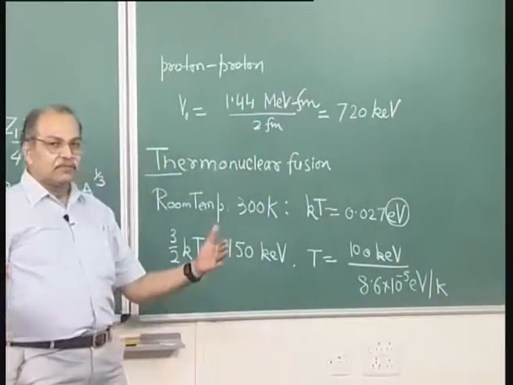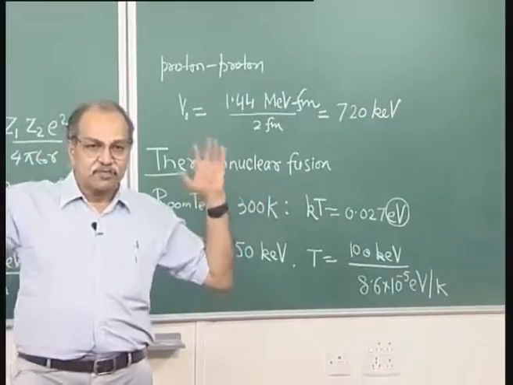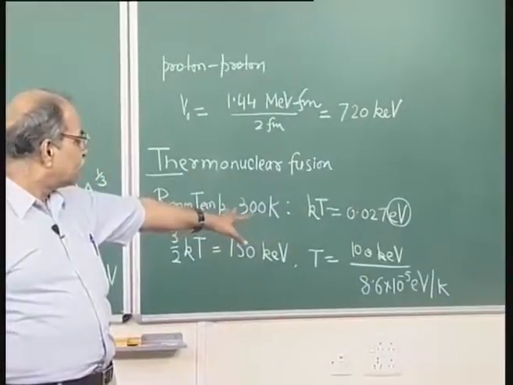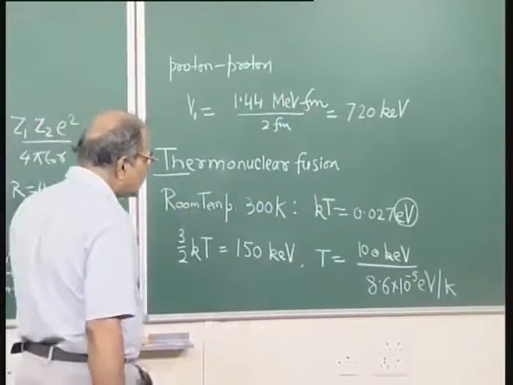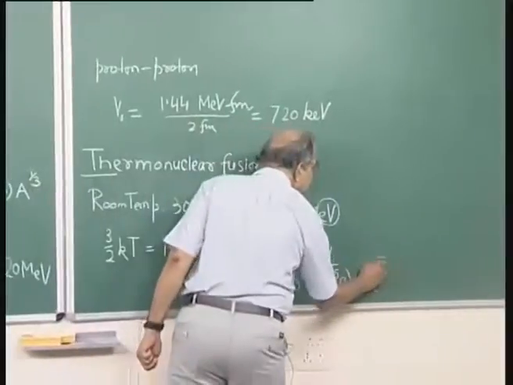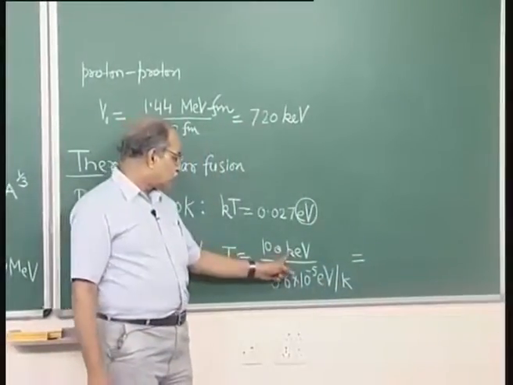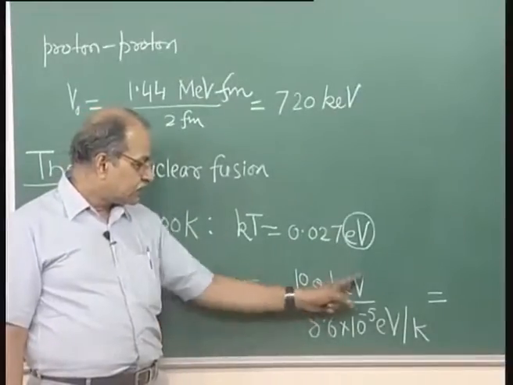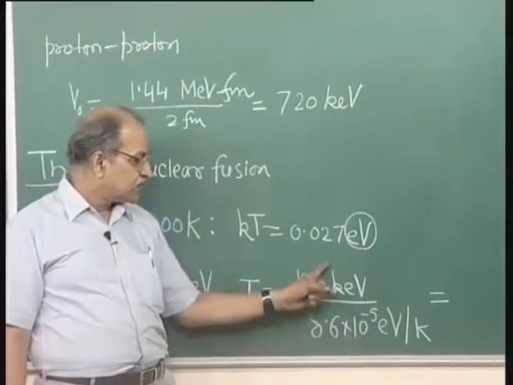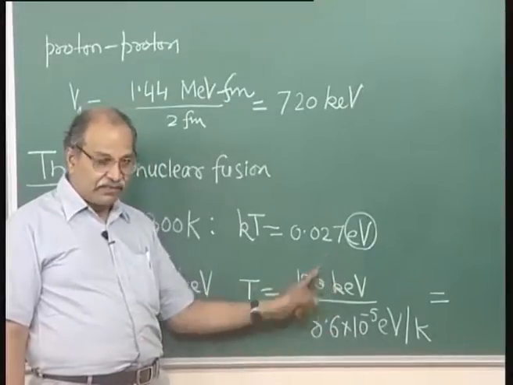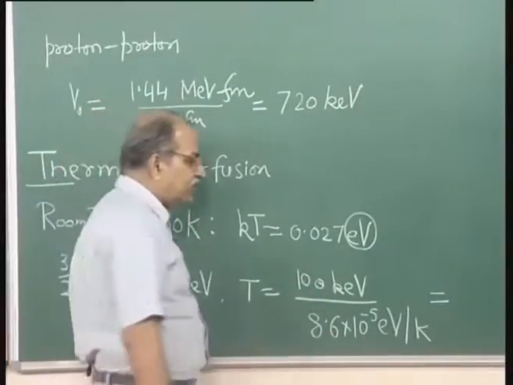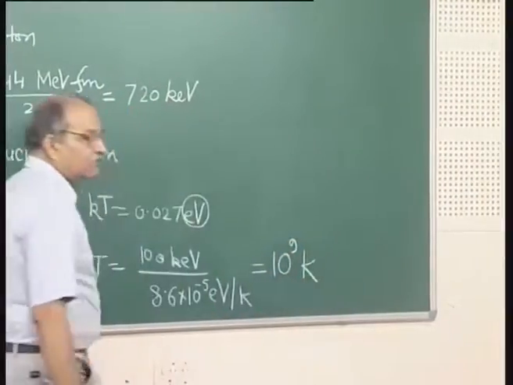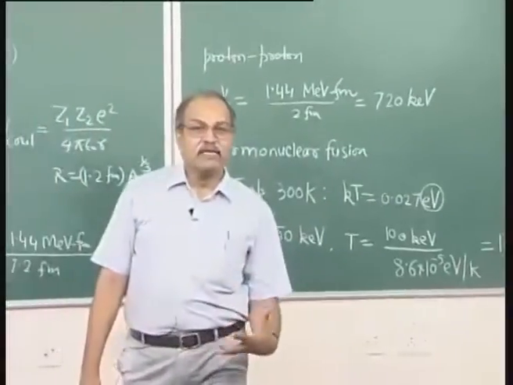That is one unit in terms of joules and so on, but this is in terms of electron volts. So, how much is this? This is kilo electron volt, so 10 to the power 3 will come from there, 10 to the power 5 here, and 10 to the power 5 from here. So, this will be 10 to the power 10 divided by 8.6. So, something like 10 to the power 9 Kelvin.